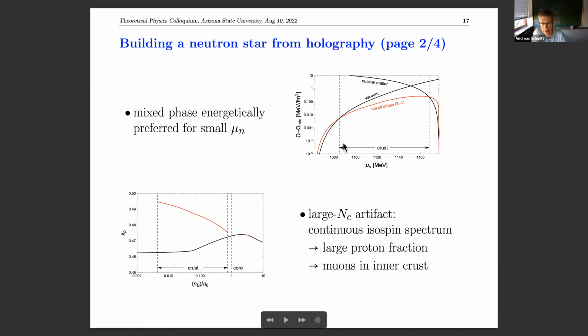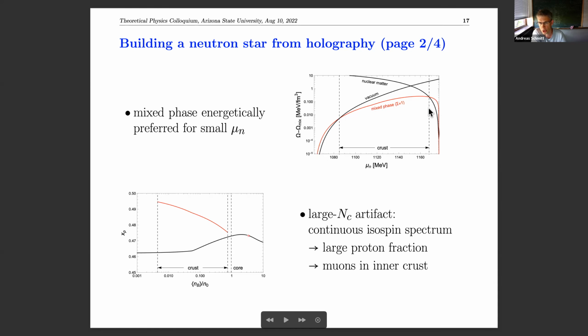And what I find is the vacuum is not trivial because I've subtracted this phase, right? That's why I mentioned this. So this is the vacuum. It's preferred up to a certain point. So here we are outside the star. Then the mixed phase takes over. That's the crust. Sigma equals 1 means I had to choose a certain value for the surface tension, 1 MeV per fm^2. And then there's another transition to locally neutral nuclear matter.